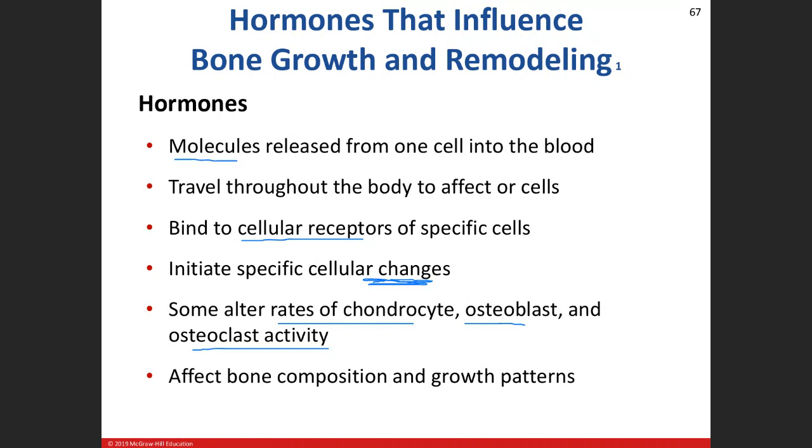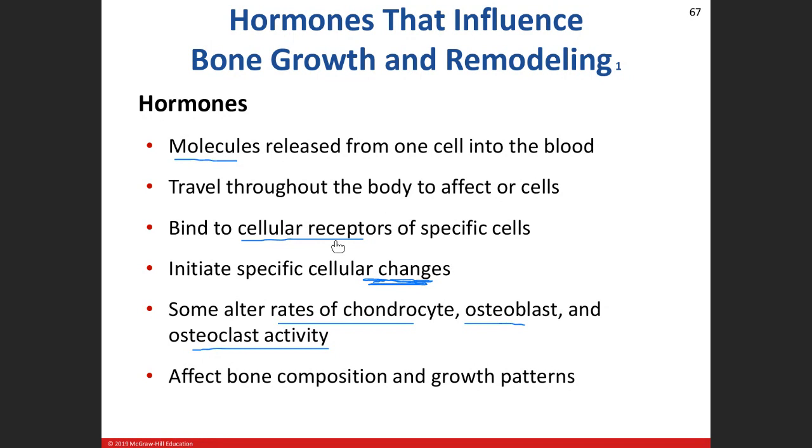So keep in mind when we're dealing with hormones, this is a very, very basic and rudimentary definition of hormone activity, right? So you have a gland, let's say, that makes and produces these chemical messengers or molecules, and releases that into the blood. It circulates through the blood, travels to the target cells, and binds onto those target cells through cellular receptors, which will then enact some changes.